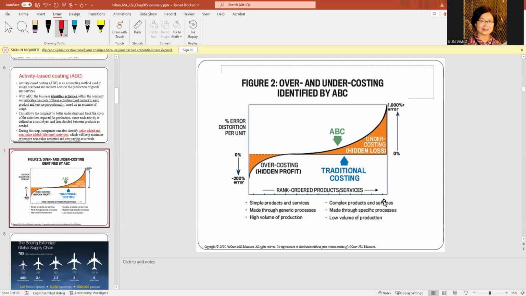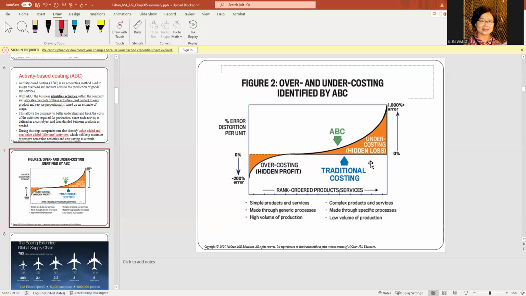So you may think, oh, my product is very popular because I have price advantage, but you didn't realize you are undercharging because you are undercalculating the cost to make the products. On the other side, for your common products, simple, with a generic production process and high volume, you are also allocating using the same overhead rate, and because they have large volume, they will capture more overhead than they should.